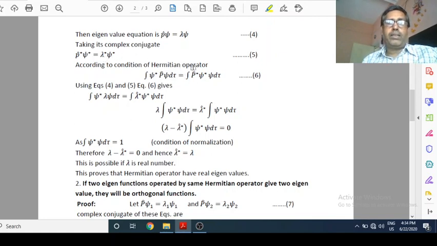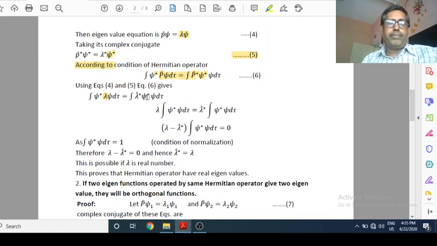According to the condition of a Hermitian operator, we can write this one. Now here we use equations 4 and 5. It will be here P operator and psi, you may write lambda psi, you can see here. And on the right side, P psi star, this one.